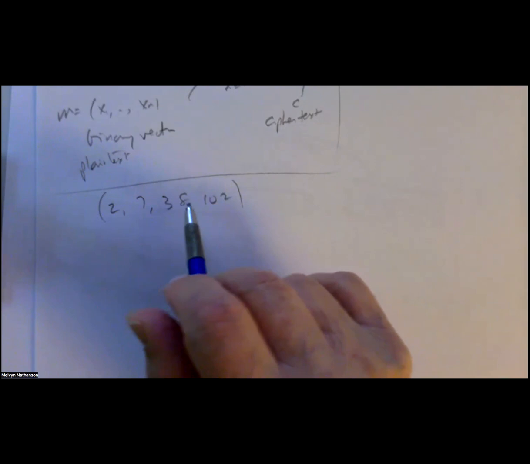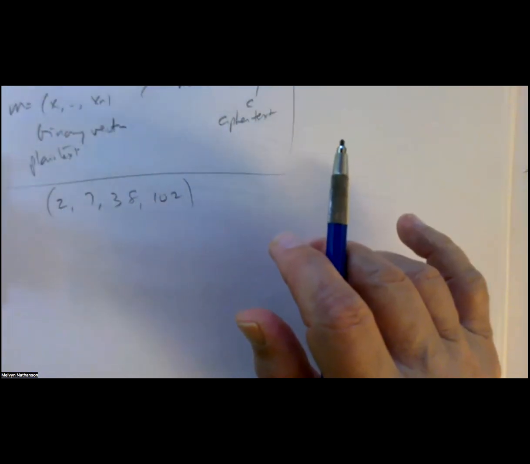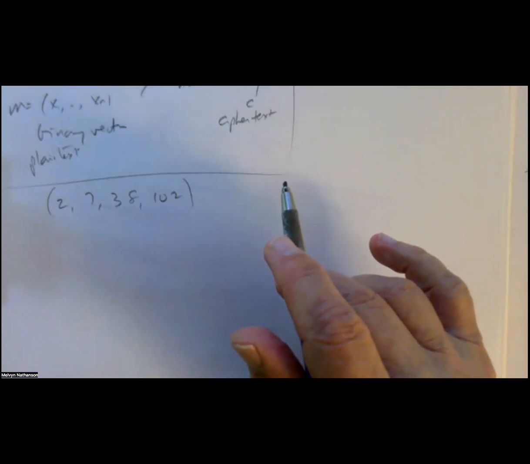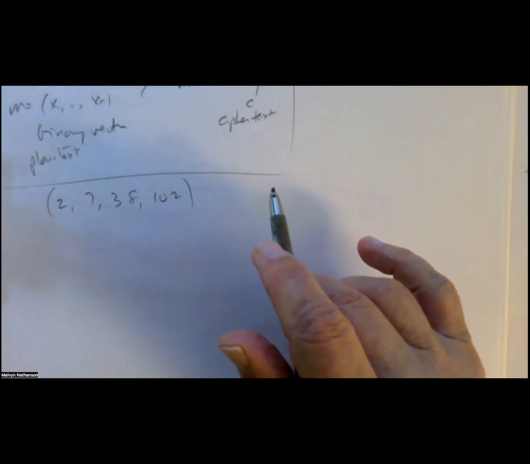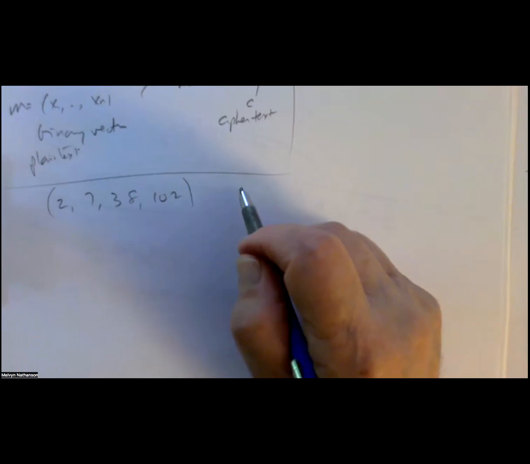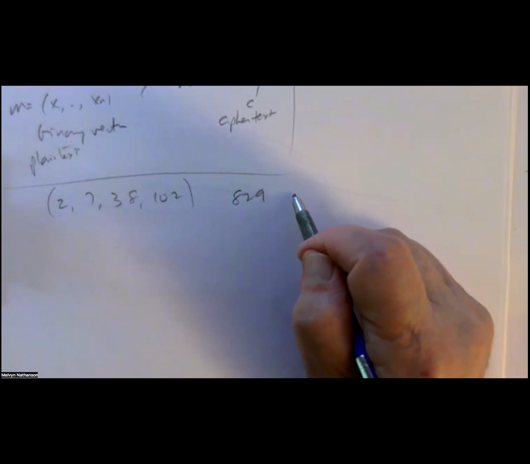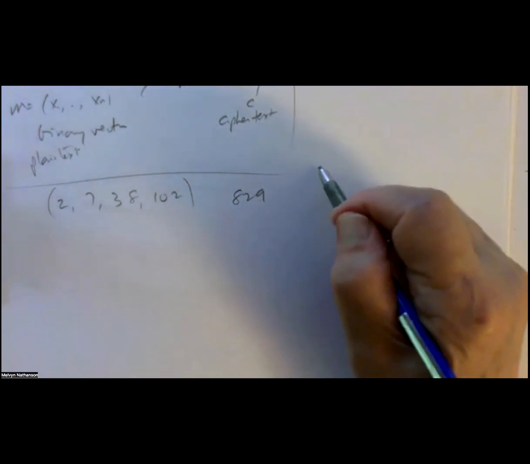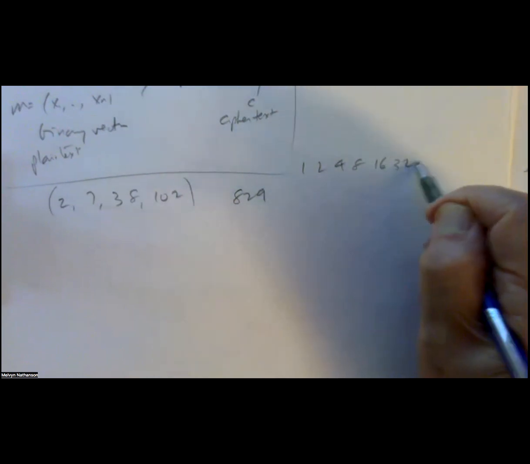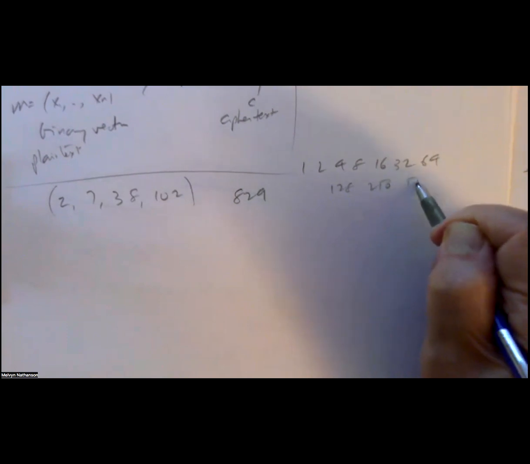And if a number is a subset sum, it's just like how you do binary. If you have a number like 829 and you want to write it in binary, you look at the powers of 2: 1, 2, 4, 8, 16, 32, 64, 128, 256, 512, 1024.